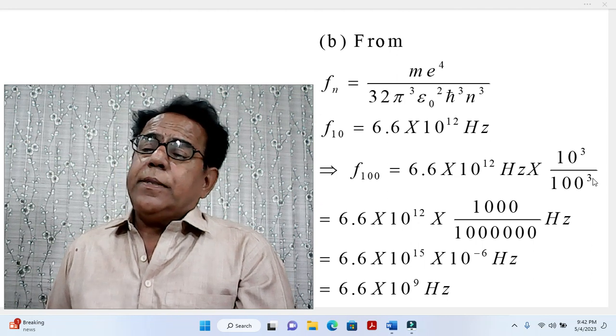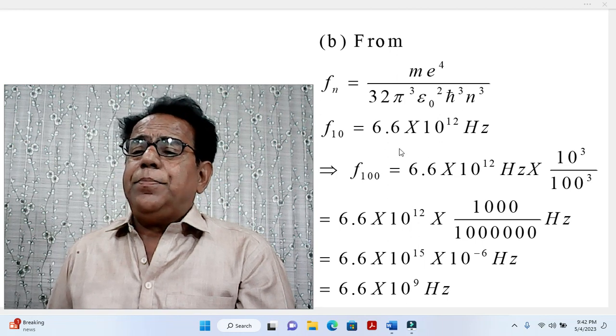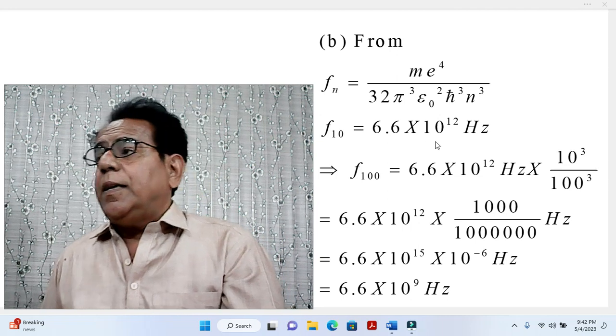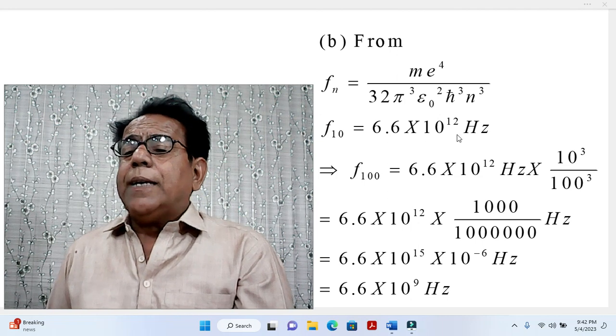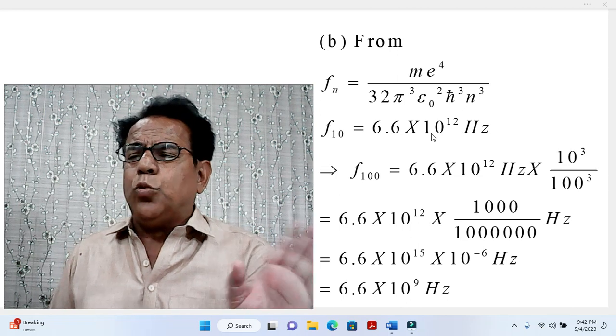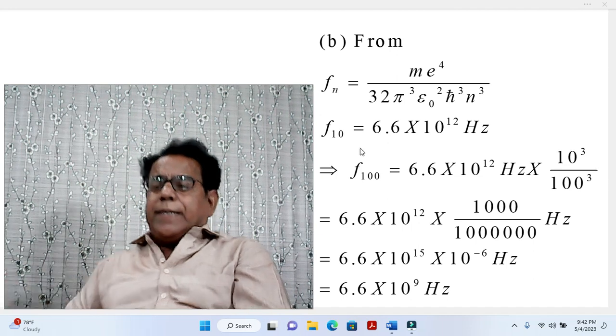Dear students, this is the main point. I have not copied this practice, this trend, from any book. This is my own understanding about this.